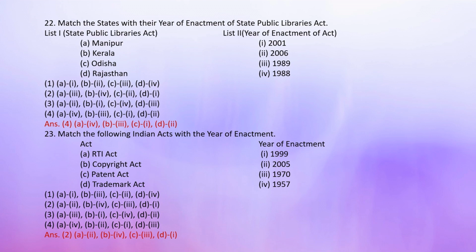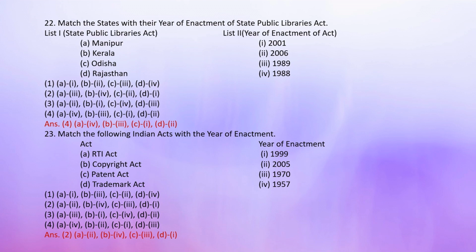Next 23. Match the following Indian acts with the year of enactment. Act and year of enactment: Act, RTI Act, and year of enactment 1999. Act, Copyright Act, and year of enactment 2005. Act, Patent Act, year of enactment 1970, and Act, Trademark Act, year of enactment 1957.